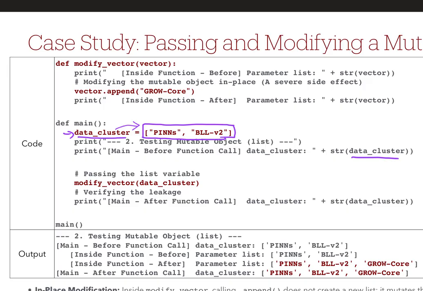And then you call this function. So at that point, the Python interpreter will go inside of this function. When this function is called, data cluster is the argument, and the parameter is the vector. So vector is also representing this list. Both of them are representing the same list. Inside the function, the print function will display the contents of this vector.